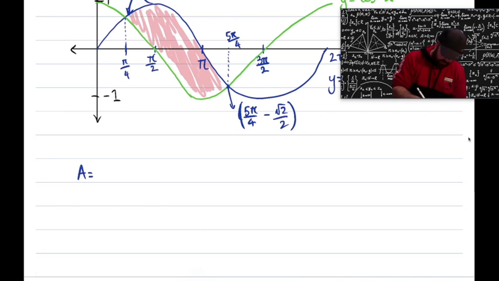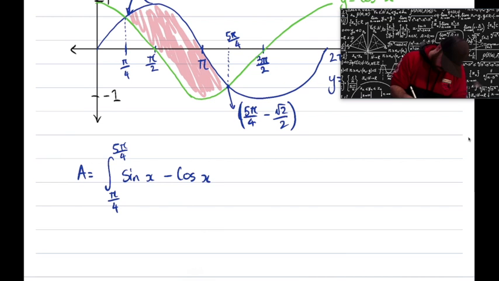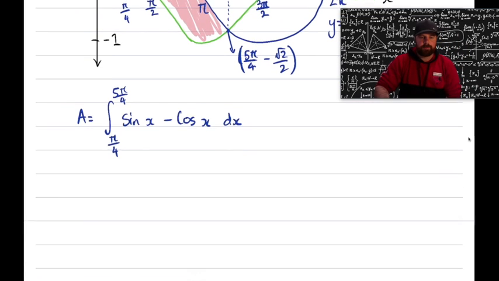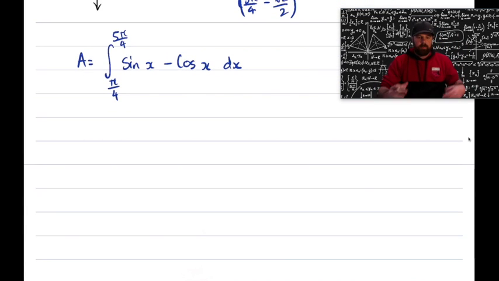So the area is going to be equal between, the lower boundary is pi on 4, the upper boundary is 5 pi on 4, of sine of x minus cosine of x dx. Remembering that the integral of sine is minus cosine, and the integral of cosine is just sine.